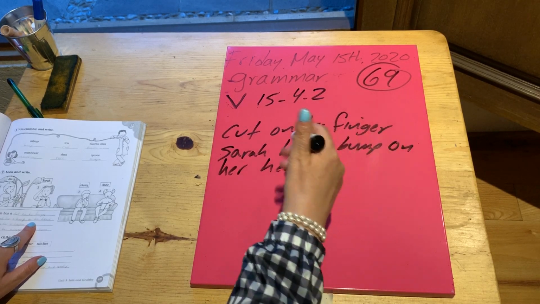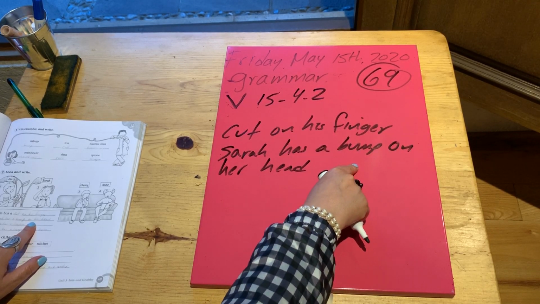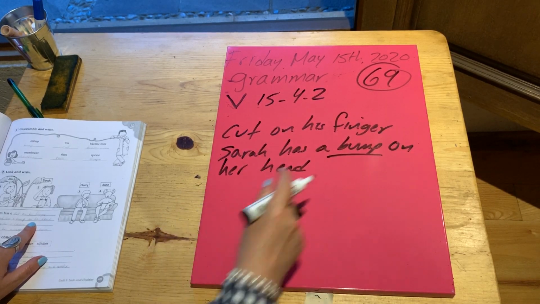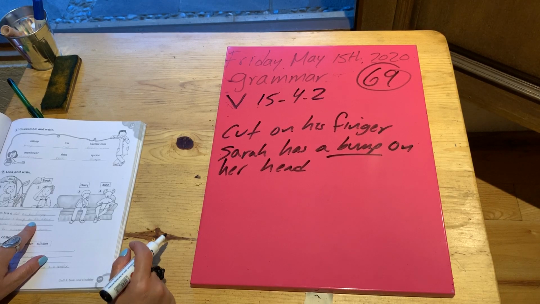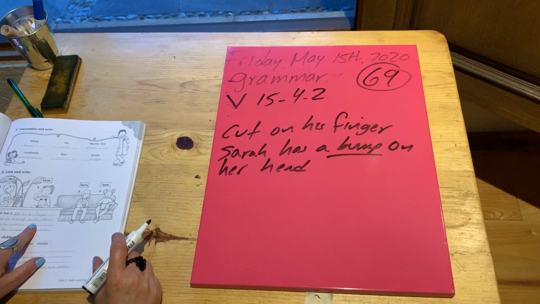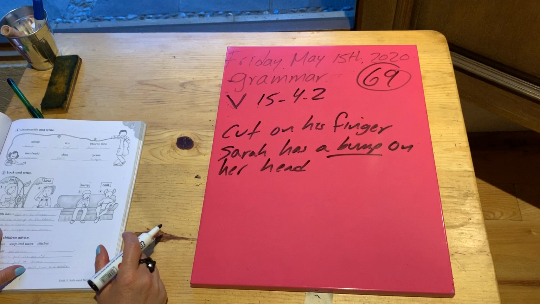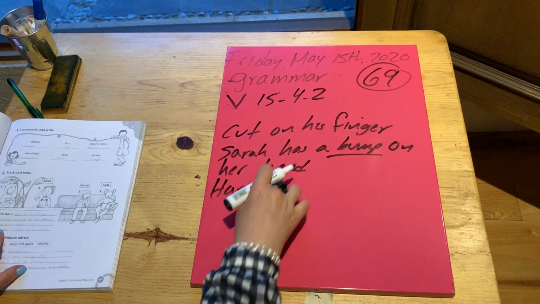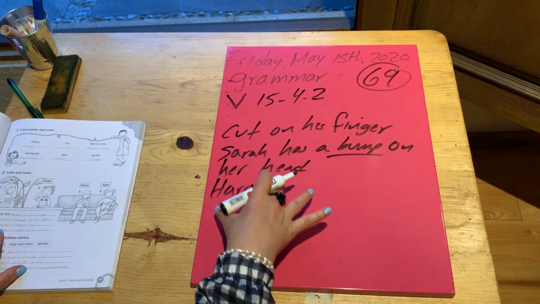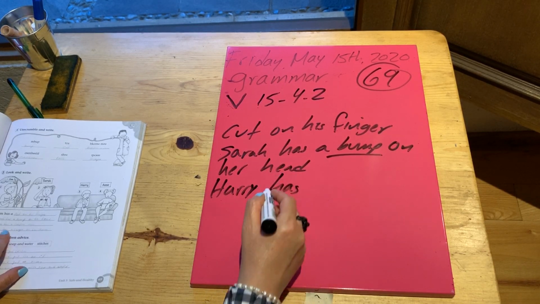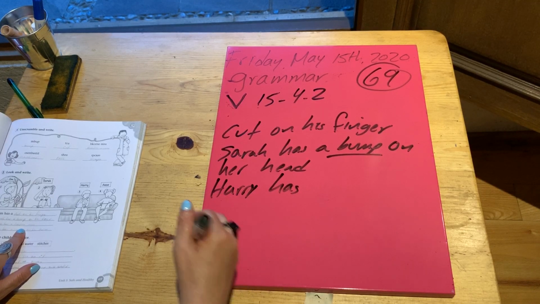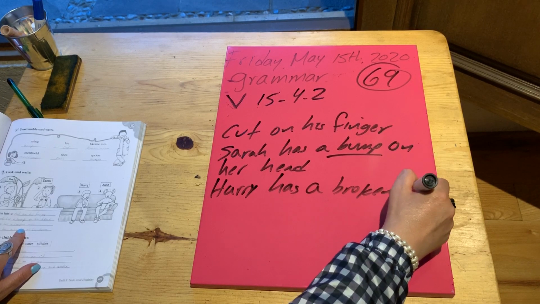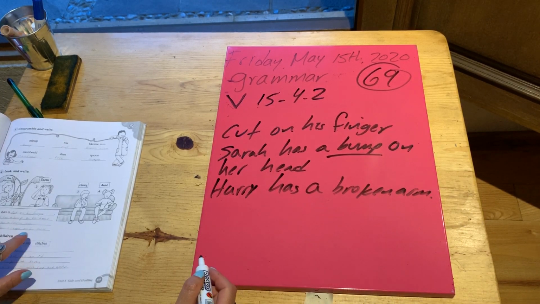Ahora, por lógica, si Sarah is touching her head and she has a bump on her head, what is that? What is bump? What does that mean? Claro, un chipote. Okay. Now, number 3, Harry has, estamos viendo have and has. In this case, has. Harry has a what? A broken arm. Okay.